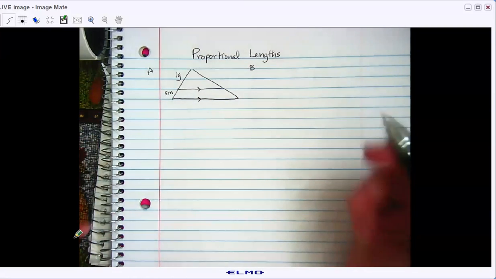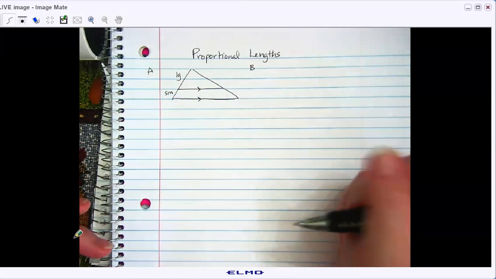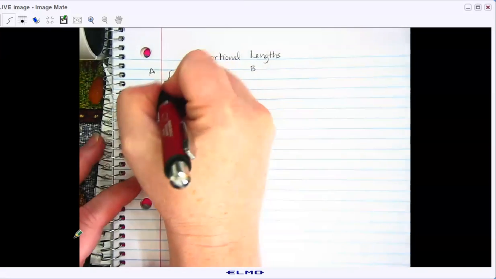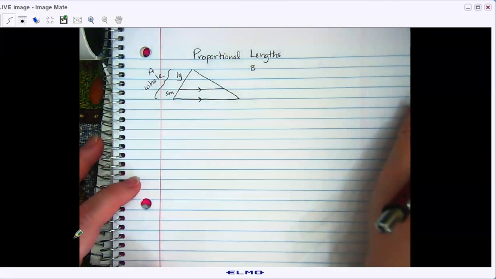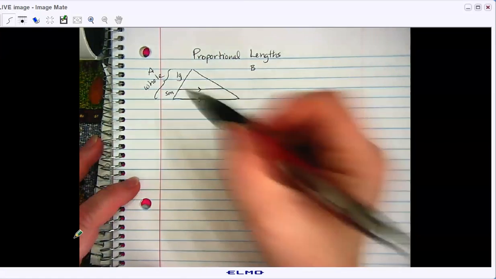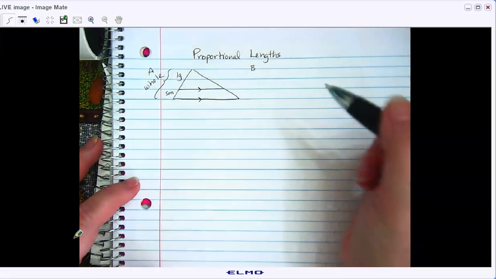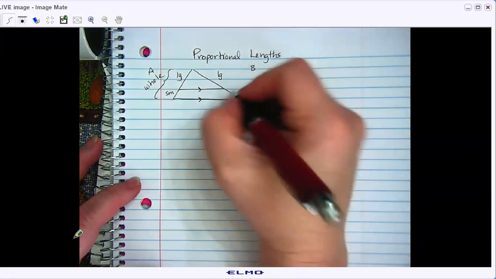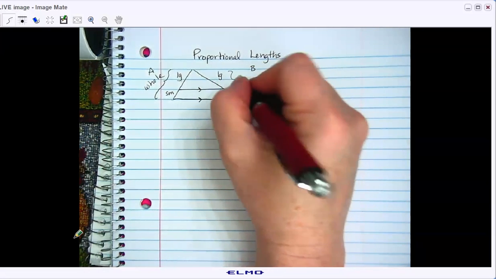You could call it the top or the bottom, which would have been the same thing. And here's the whole side. So if this was 10 and that was 5, the whole side would be 15. Over here, we're going to have the same idea. We have the large side, we have the small side, and we have the whole side.